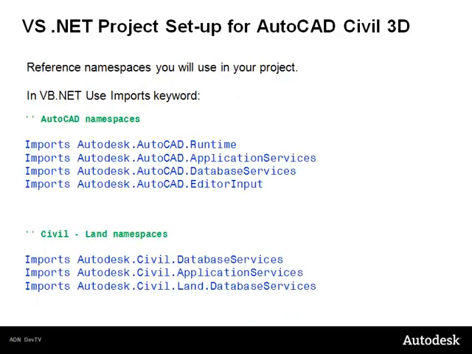In the next step, in our project setup, we need to import the namespaces we are going to use. In VB.NET, we use the Imports keyword to import the necessary namespaces.